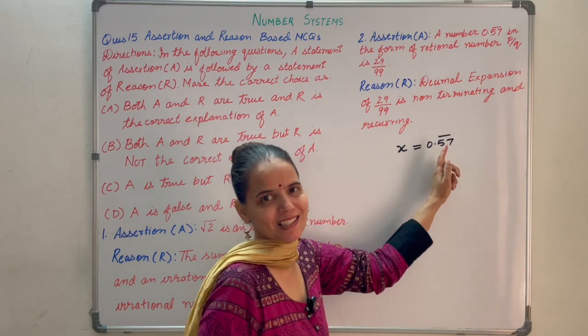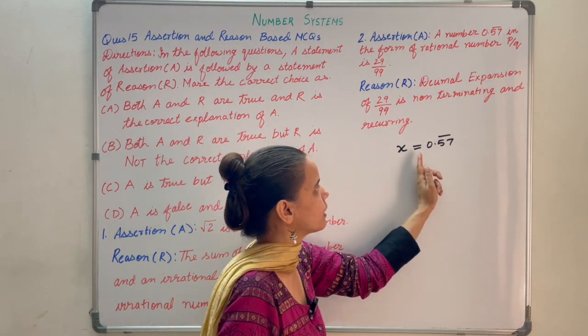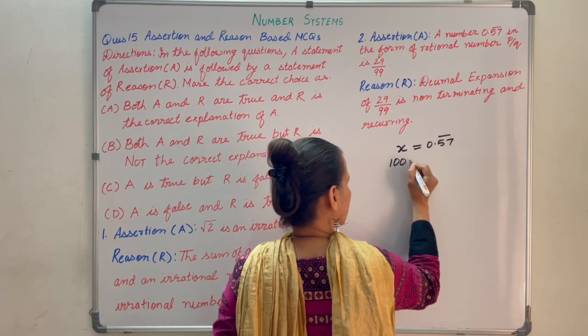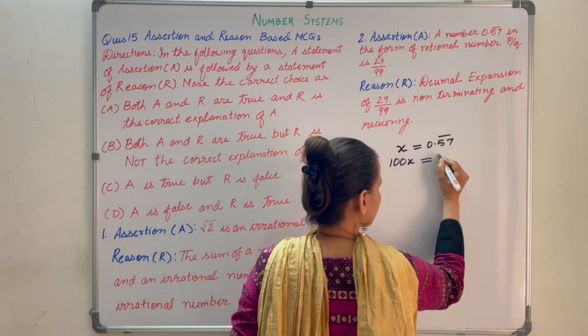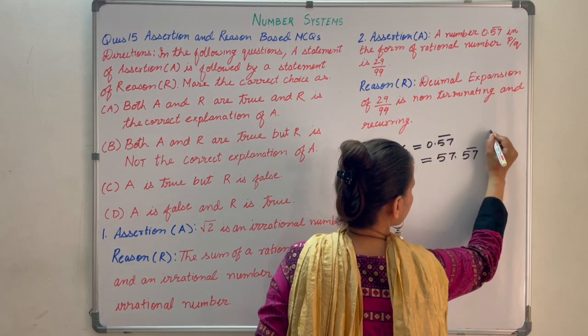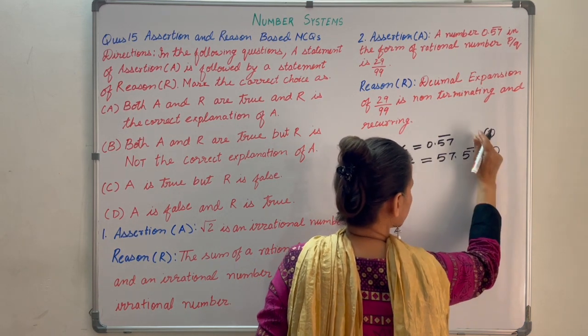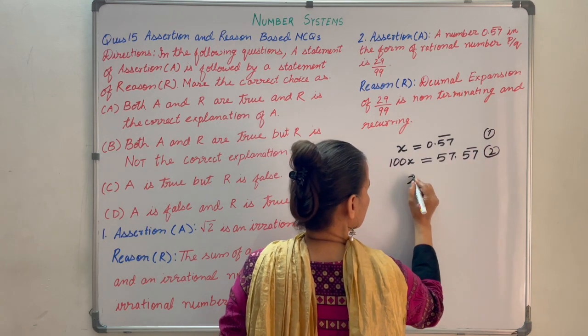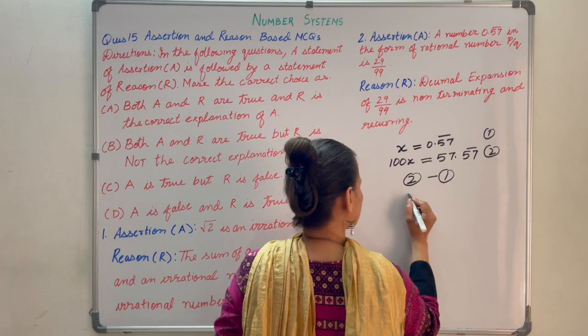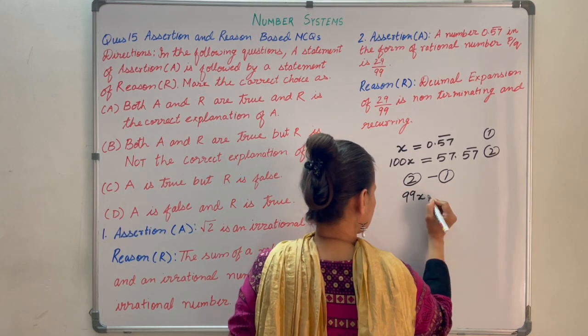Since there are two digits under the bar, we will multiply both sides by 100. So here you have 100x, and here you will get 57.57 bar. Now we will subtract the first one from the second one. So 100x minus x, you will get 99x.